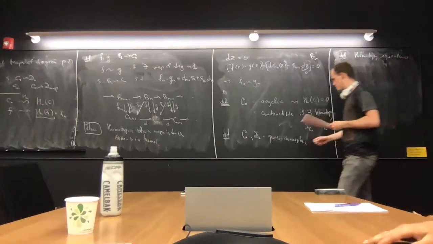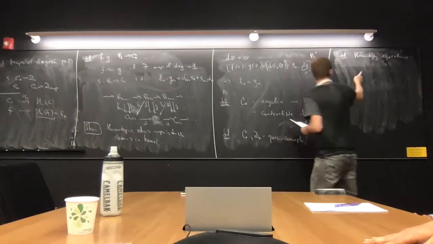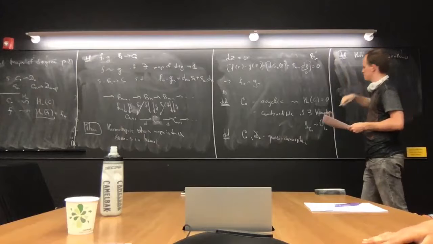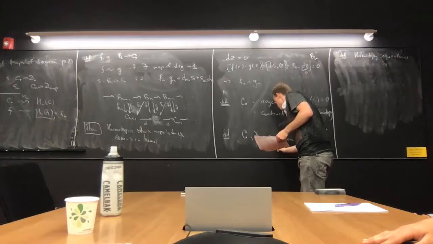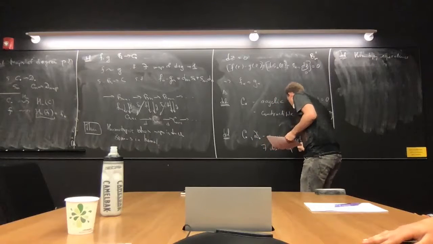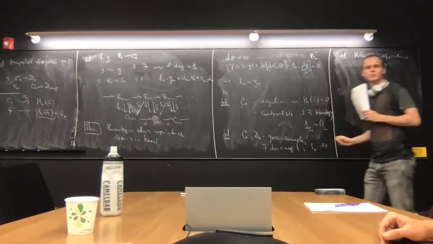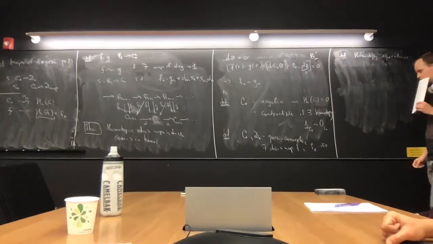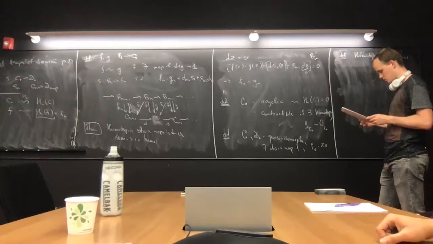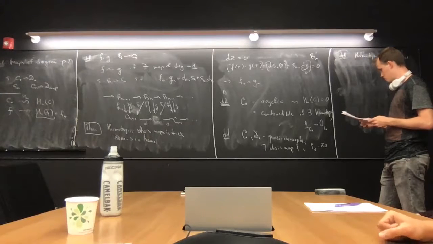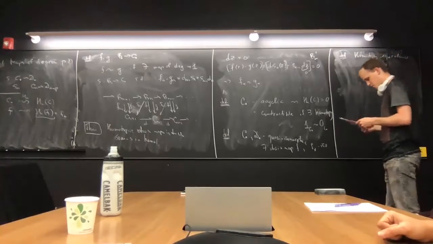I screwed up. It's easy to confuse them, and I did just that. So homotopy equivalence is what I just said. Quasi-isomorphic is if there exists a chain map such that F star is an isomorphism. Okay, not the same thing.